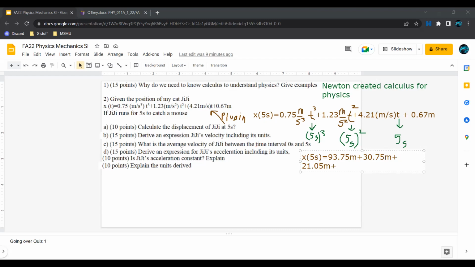And right, we should all be in meters because the time would have canceled out with the inputting of time squared or cubed. Means x at 5 seconds is equal to 146 meters.